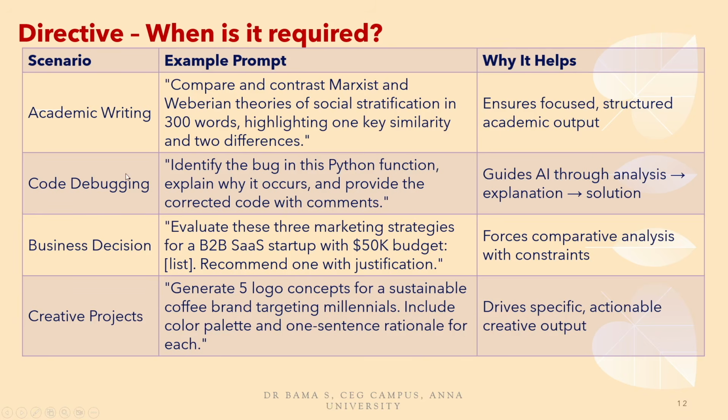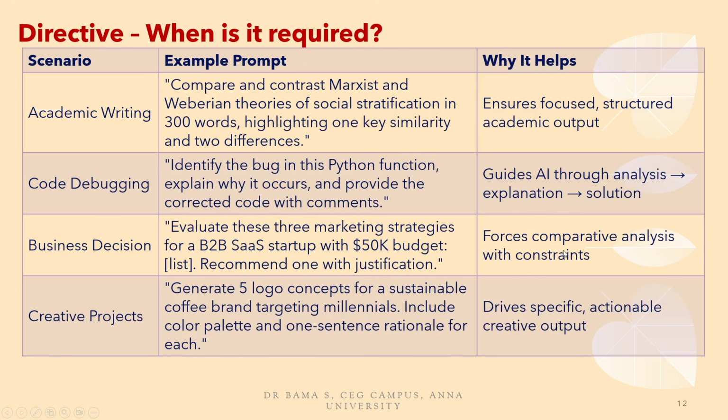Second example is code debugging. Here we say, identify the bug in this Python function. This identify the bug is a directive. Along with it we say explain why it occurs and provide the corrected code. So this is again a directive. Business decision: evaluate these three marketing strategies for a SaaS startup with a 50K budget, recommend one with justification.